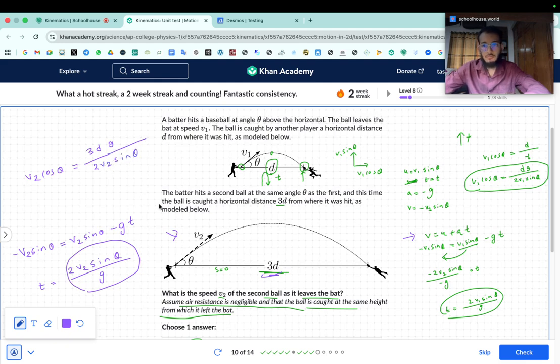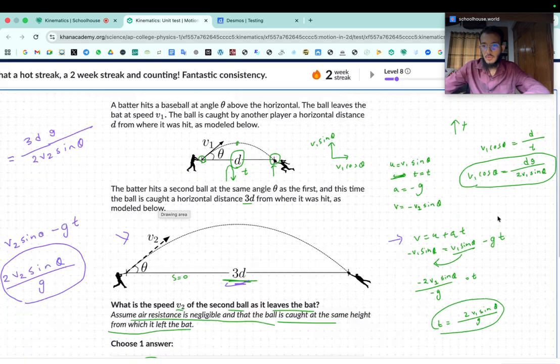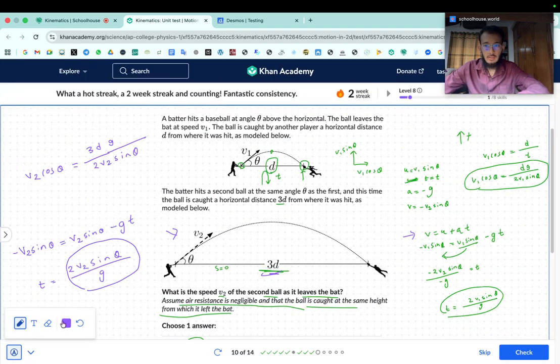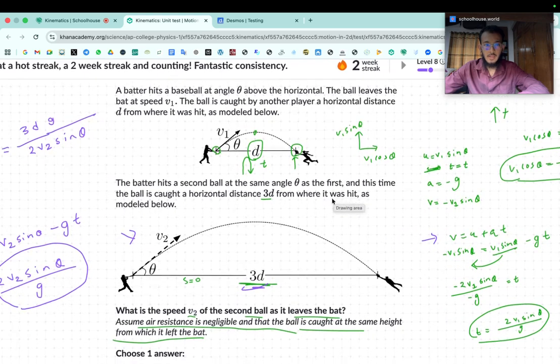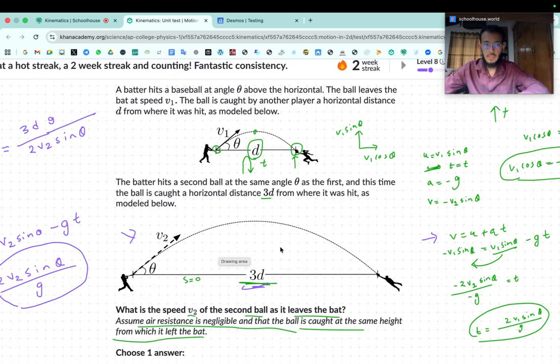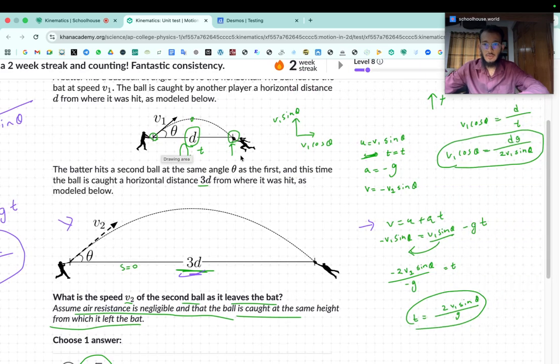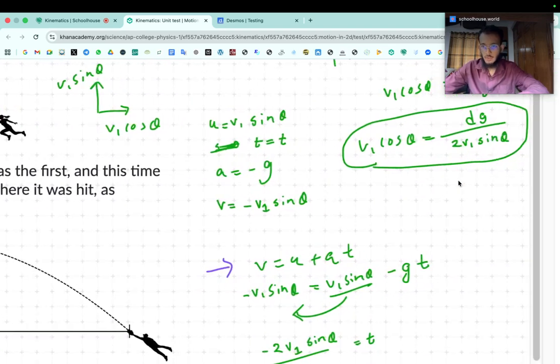Now, what we can do is use this equation to make d the subject, because it's the same d. And if we do so, we will get the relationship between v1 and v2.